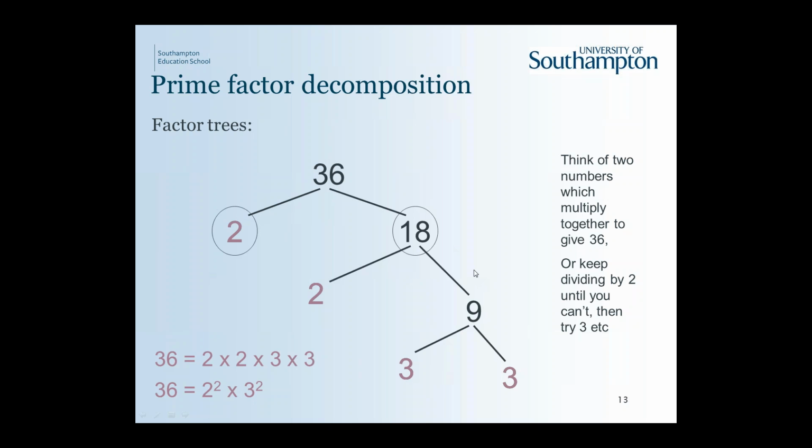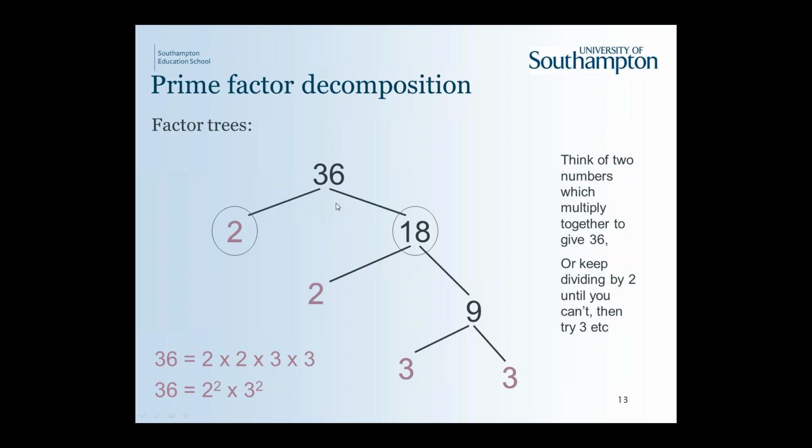That relies on them obviously knowing their times tables, and so part of this, dividing by 2, is a kind of easier way. However, if they struggle to do 2 into 36, they're generally going to be in trouble, but it could take them some time.